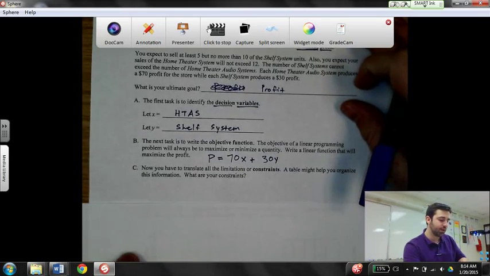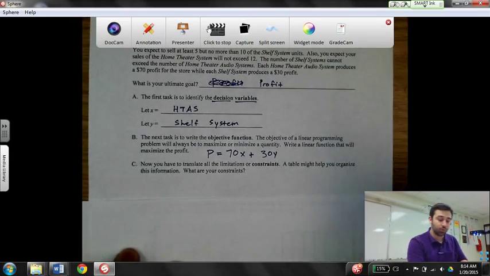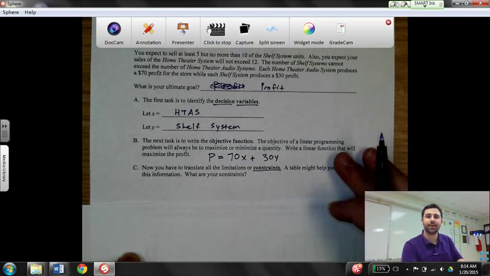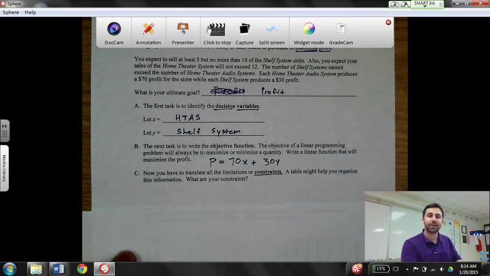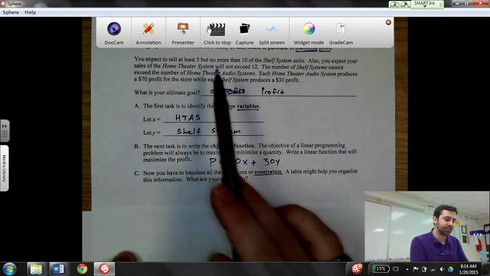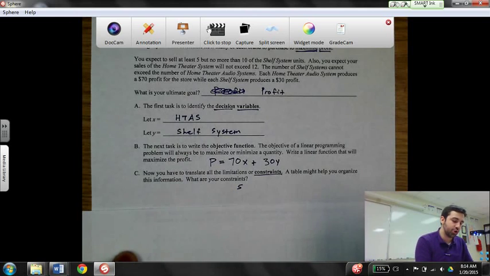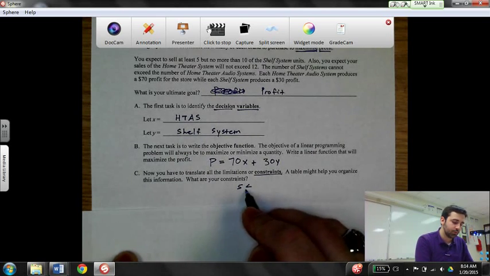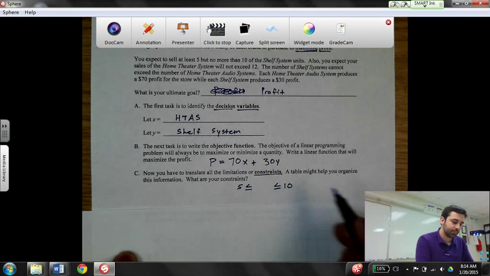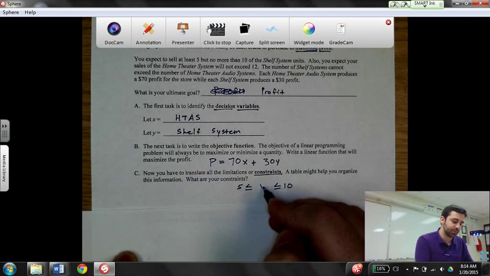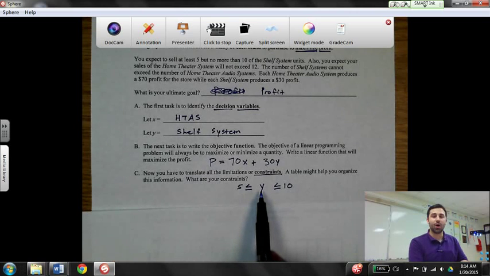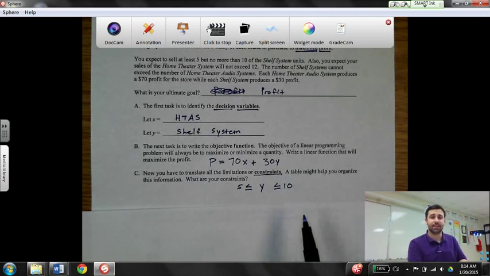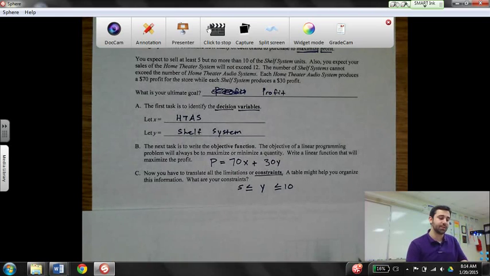Alright, so now we need to take all of these limitations, or what we call constraints, and organize them. Our first one is we expect to sell at least 5, but no more than 10 shelf systems. Shelf system is represented as Y. So that's saying that Y is going to be greater than or equal to 5, but less than or equal to 10, because we are between 5 and 10. We also expect the home theater system will not exceed 12.